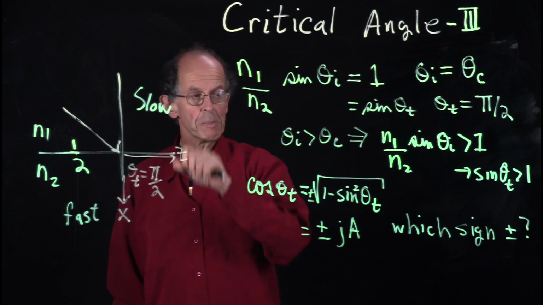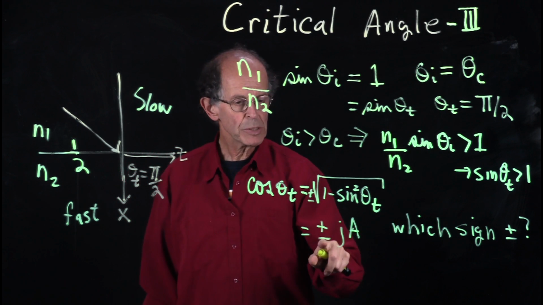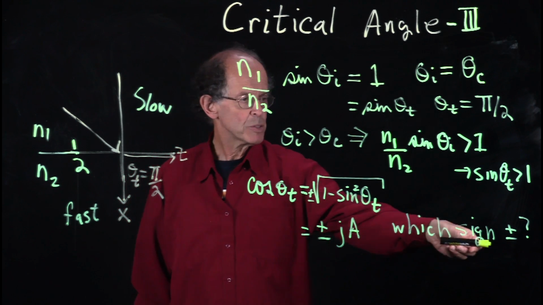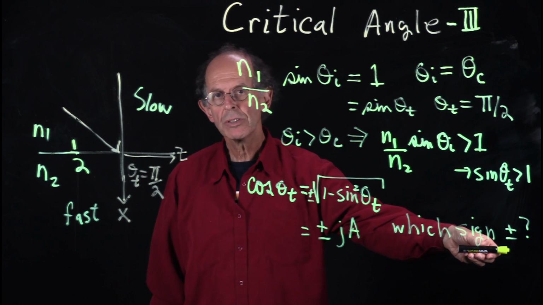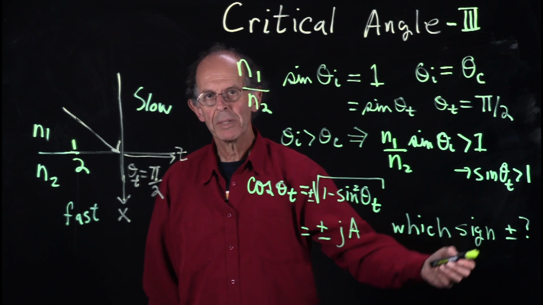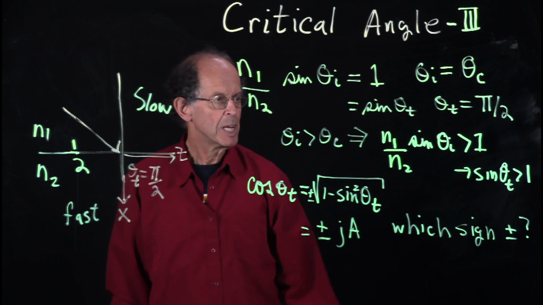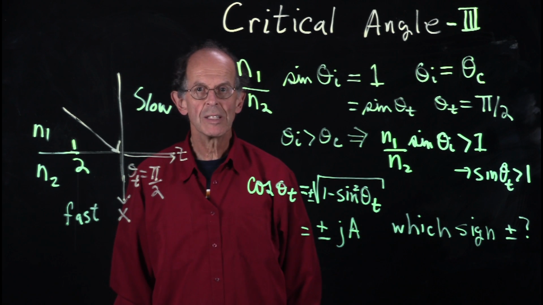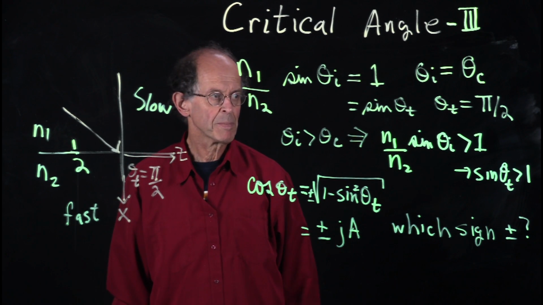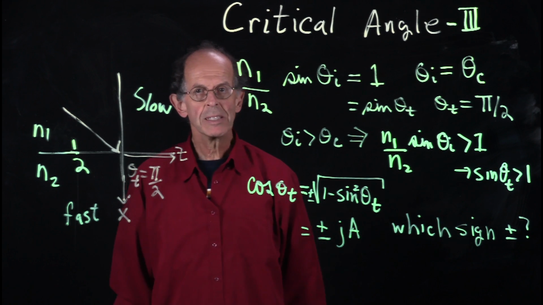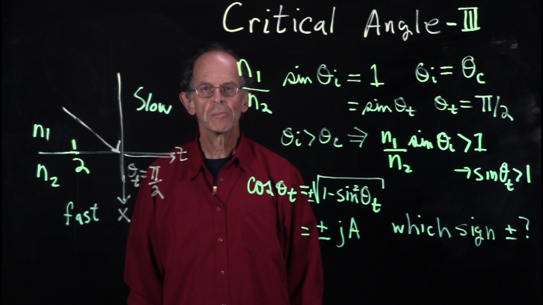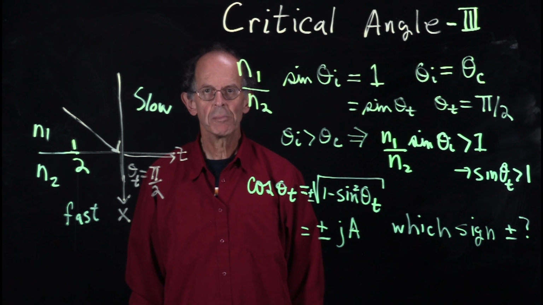Two questions remain. One is, which root do we pick, plus or minus, or which sign? In order to do that, we have to go to dynamics. That's the first question. Second question is, what does this mean? Sine of theta t is greater than 1. When the sine of theta t is greater than 1, theta t becomes a complex number.